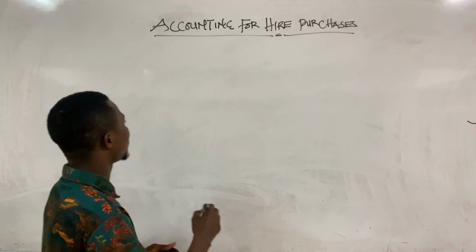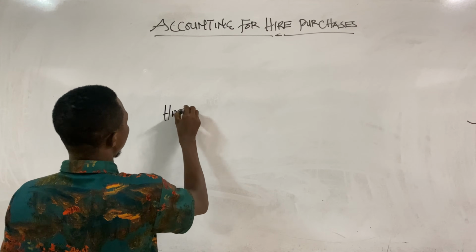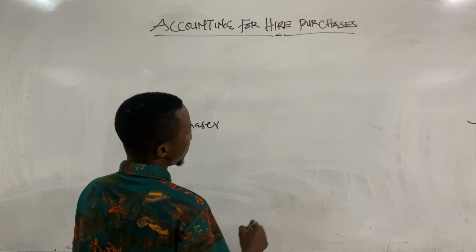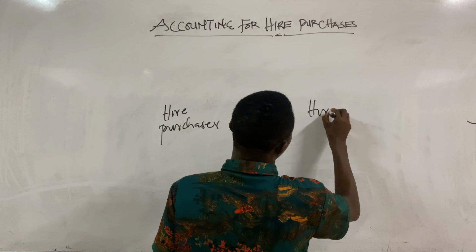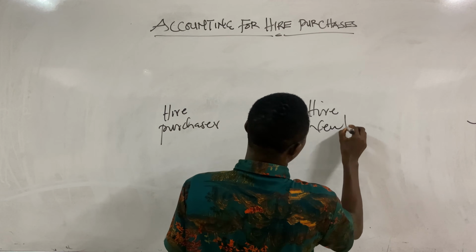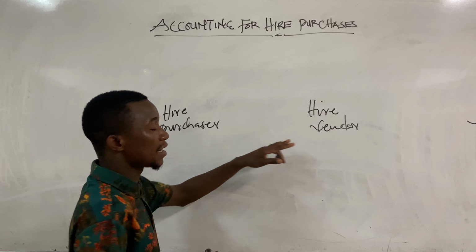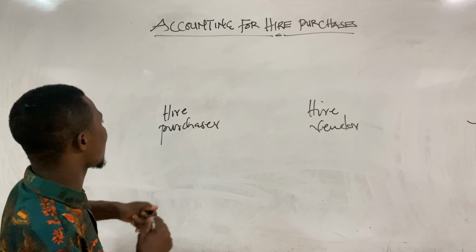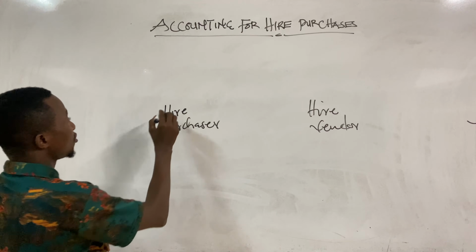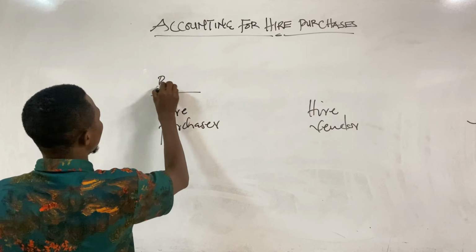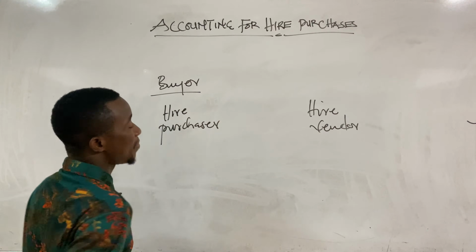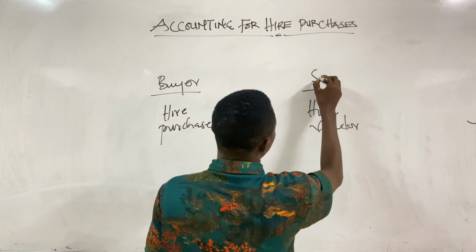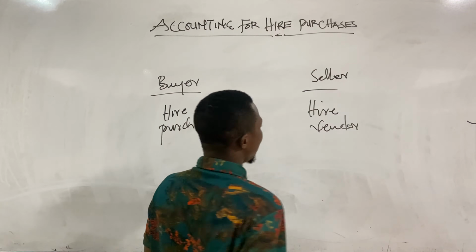So we have the hire purchaser and the hire vendor. These are the two parties in a hire purchases contract. The hire purchaser is the buyer of the item involved, and the hire vendor is the seller of the item involved.